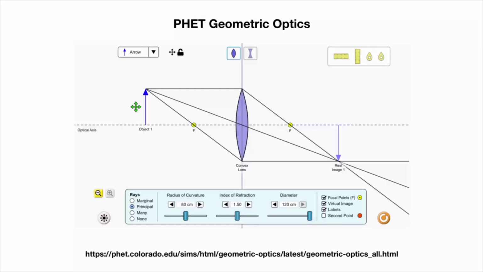It's closer to the mirror than the focal point. But as soon as we get outside of the focal point, it's not on the back side of the mirror anymore. So I encourage you to go in here and just mess around, see what happens when you put things in different places, and you'll end up with an understanding that there are some simple rules governing what's going on here.